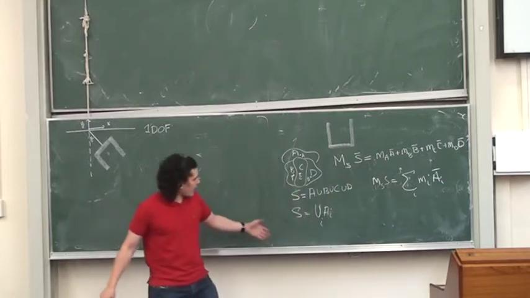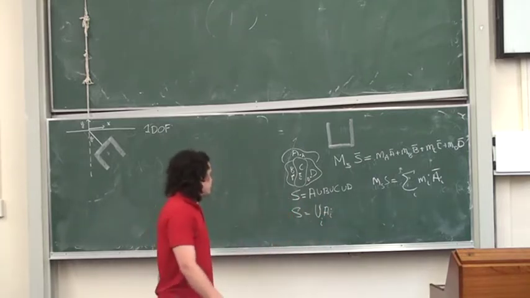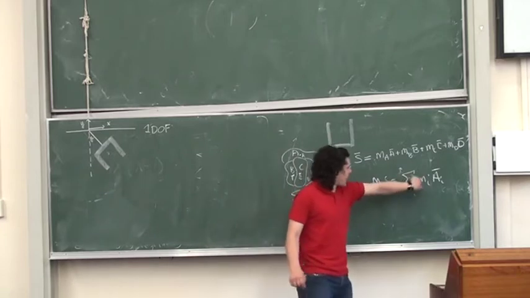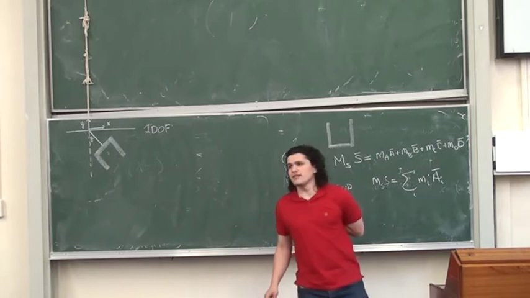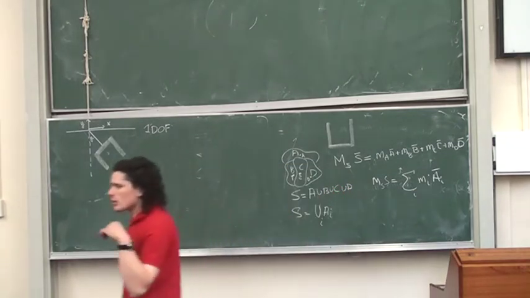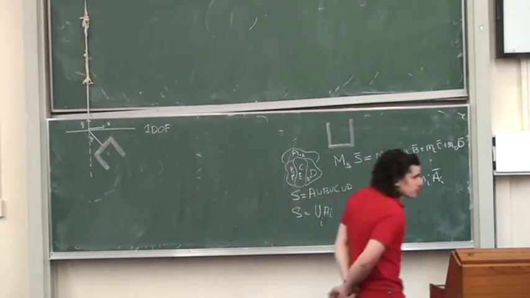It doesn't matter how many little components I divide my system into. I can get the center of mass of my system by adding up the weighted average of the center of mass of each little subcomponent. It would be a good plan for you to figure out how to prove this.